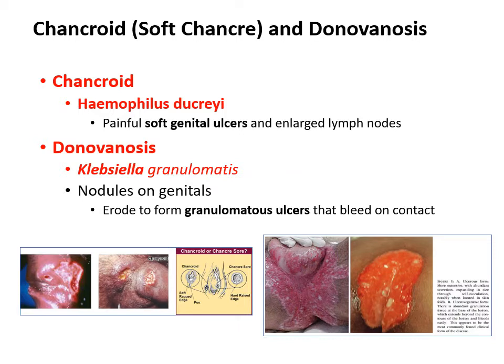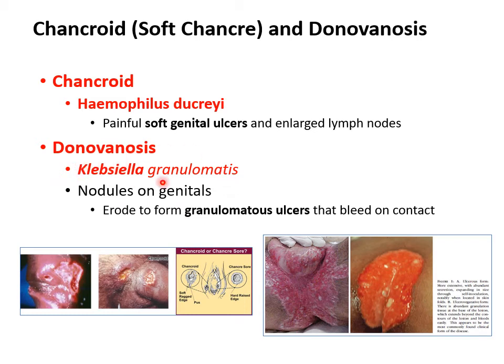These are just some examples of some other STDs that are not as well known but do occur. There's chancroid and donovanosis. I just want you to be familiar when you see this word here, Haemophilus ducreyi. That's a bacteria that causes chancroid or soft cankers, which are ulcers along the genital region, versus Klebsiella granulomatis.